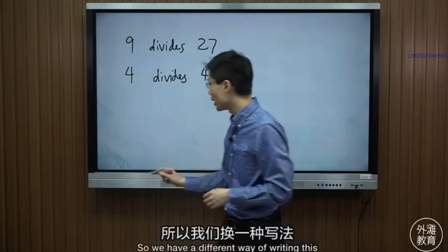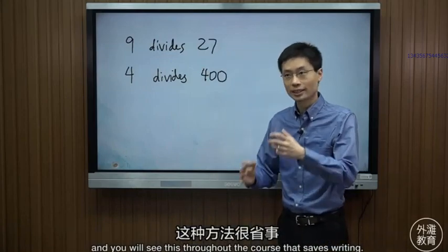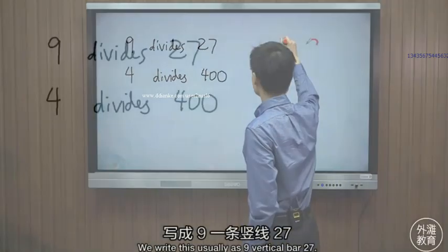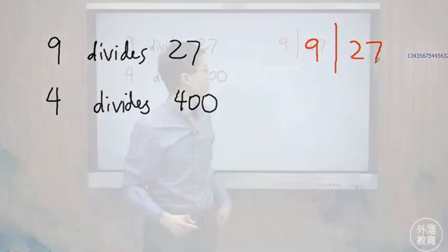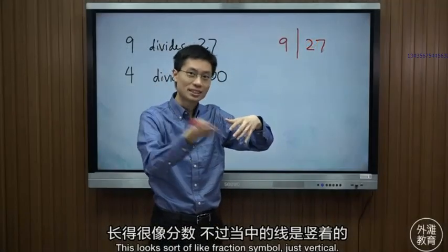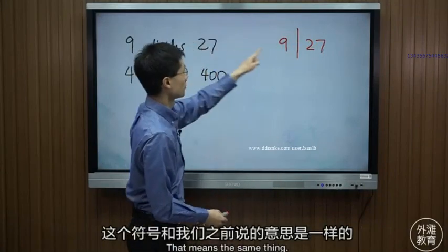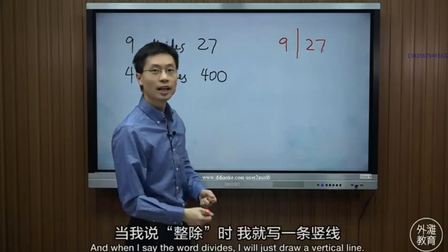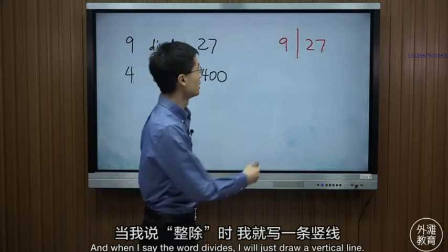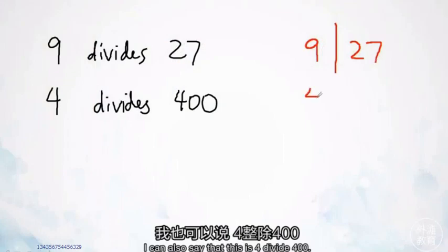So we have a different way of writing this, and you'll see this throughout the course, that saves writing. We write this usually as 9 vertical bar 27. This looks sort of like a fraction symbol, just vertical, and that means the same thing. But you'll see me say 9 divides 27, and when I say the word divides, I will just draw a vertical line. I can also say this is 4 divides 400.